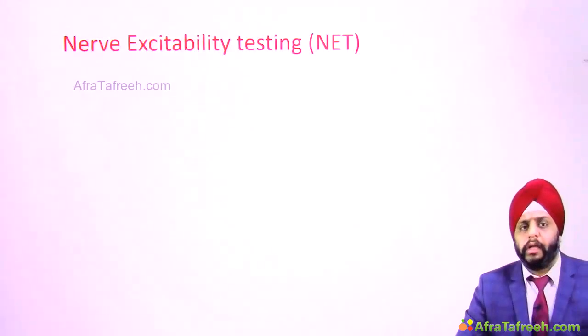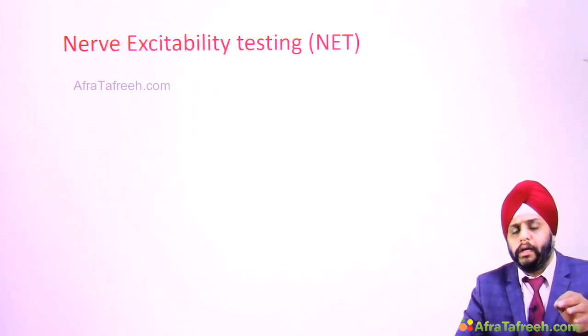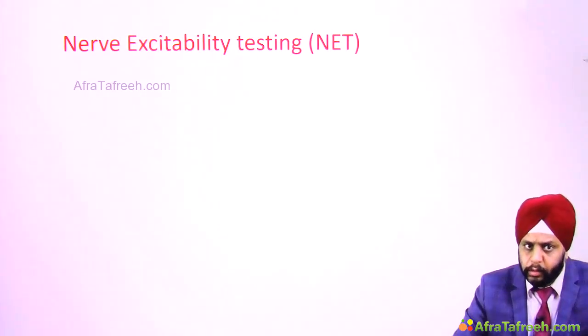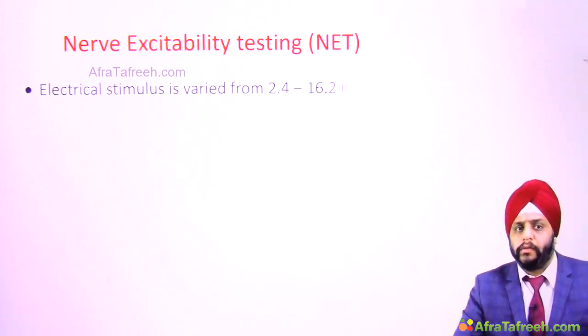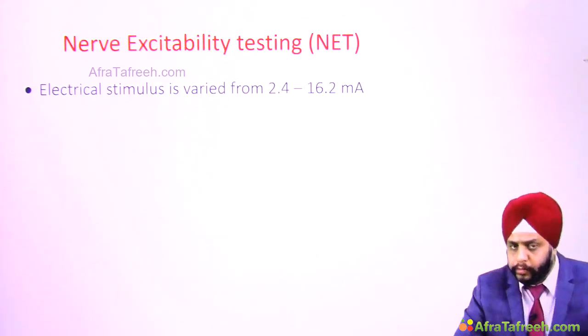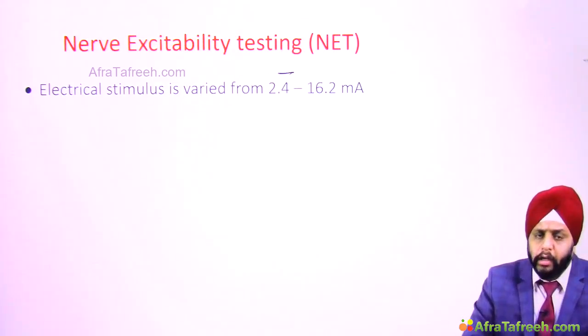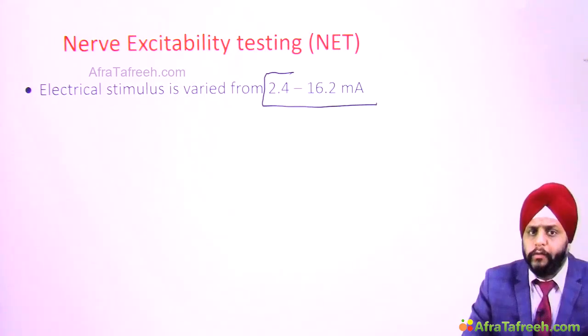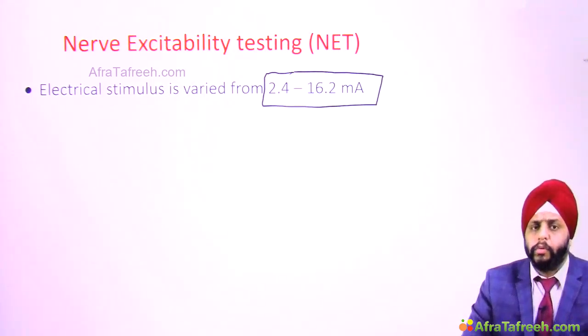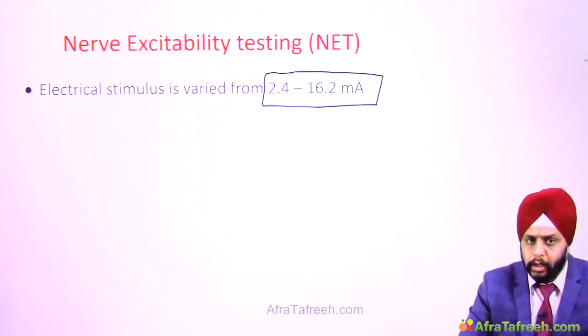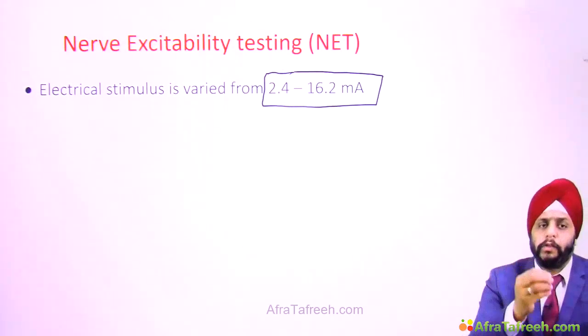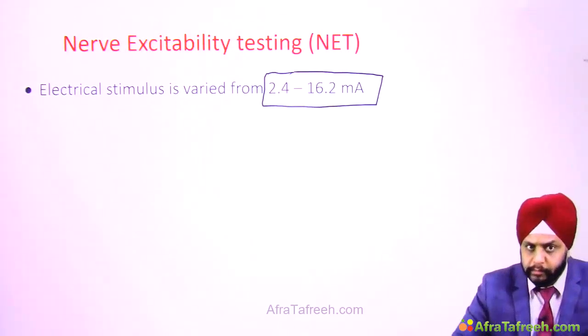Now the number one test is the nerve excitability test. Now what is done in this? You give an electrical stimulus, a current that varies between 2.4 to 16.2 milliamperes. So you give a very, very small current. The minimal possible electrical current is given.